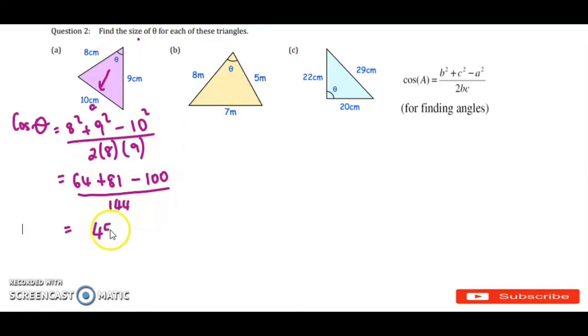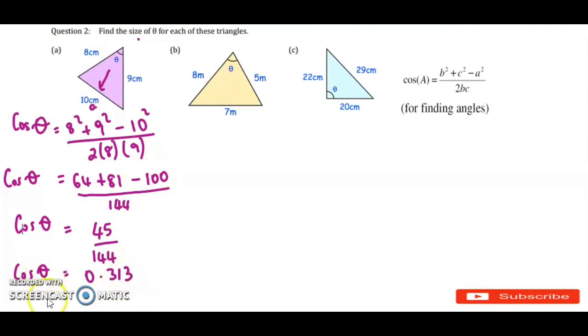So now you have 45 over 144. Remember that we're still working for cos theta. So you're going to divide 45 by 144. Give your answer to 3 decimal places. So we have 0.313.